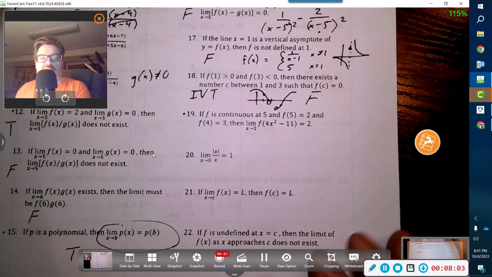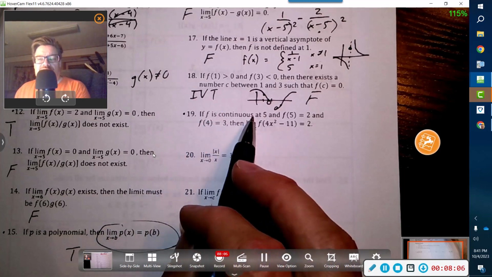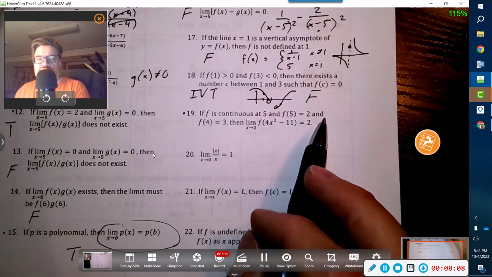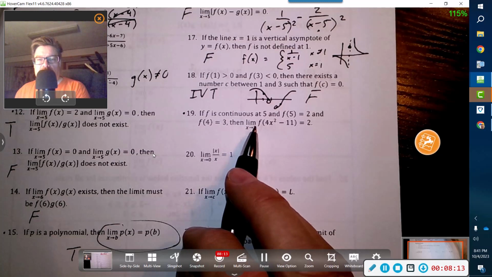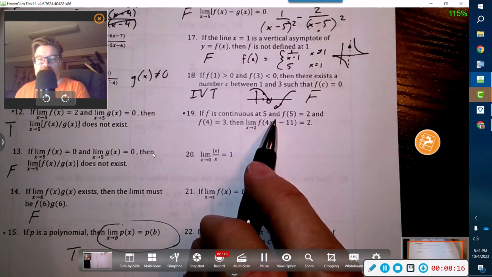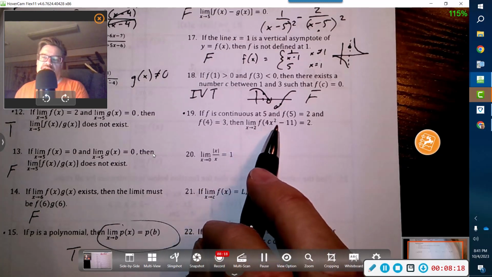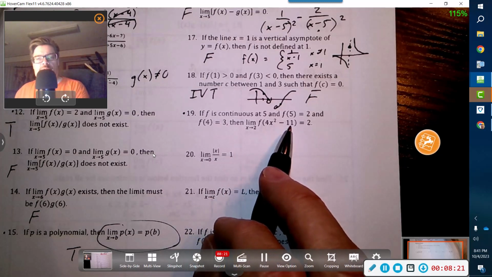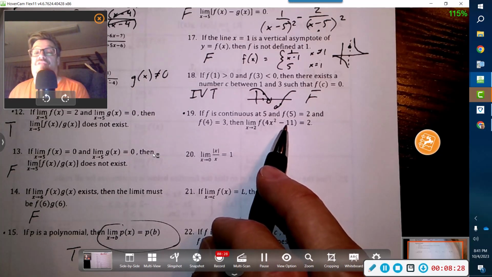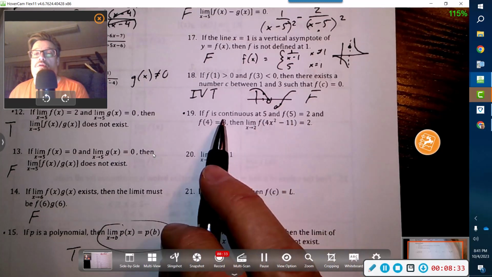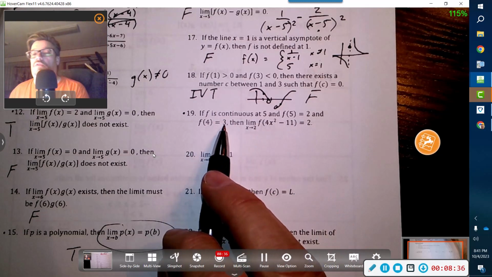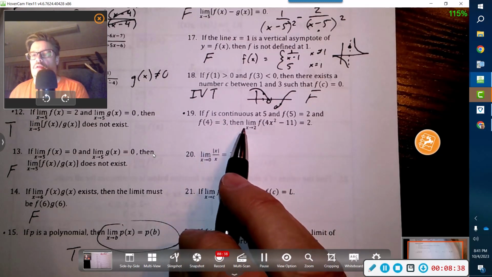All right, this one right here. If f is continuous at 5 and f of 5 equals 2 and f of 4 equals 3, then the limit of this guy equals, let's see, 2, that would be 4, 6, well, no, I'm sorry, 4, 16 minus 11. Wait, what is that? Okay, if f is continuous at 5 and f of 5 equals 2, and f of 4 equals 3, then the limit.